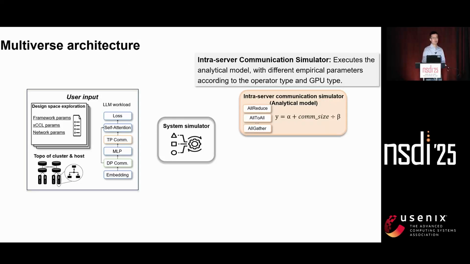The intra-server communication simulator executes the analytical model with different empirical parameters according to the operator type and the GPU type. And the inter-server network simulator conducts packet-level discrete event simulation for cross-network communication. All components run on the GPU using the SPME execution model.